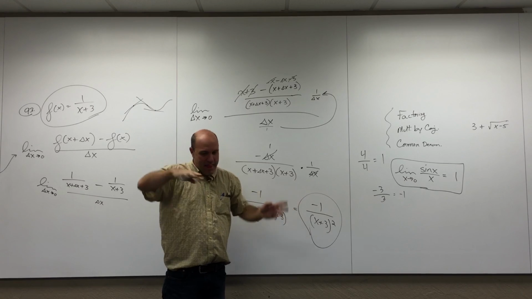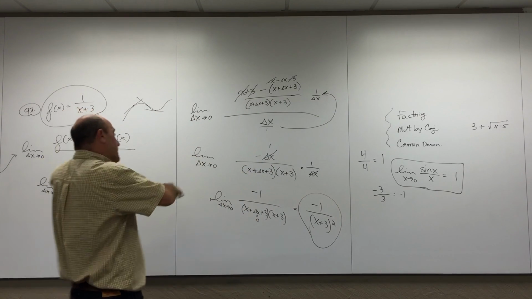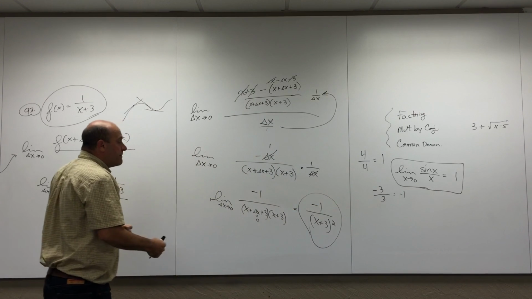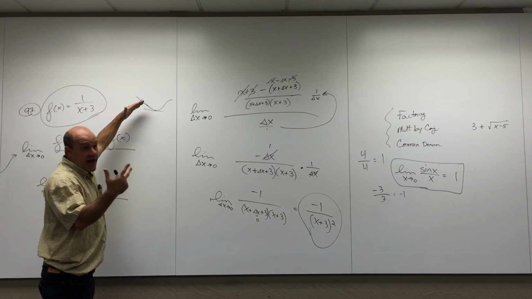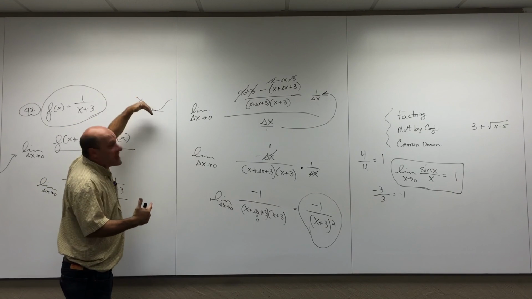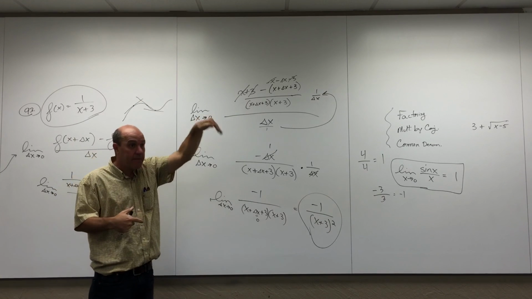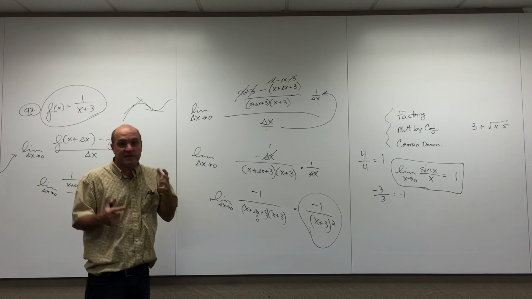Don't. This is the slope of the tangent line. The tangent line, if it's slanting that way, has a positive slope. If it's slanting that way, it has a negative slope. So the slope can be positive or negative.